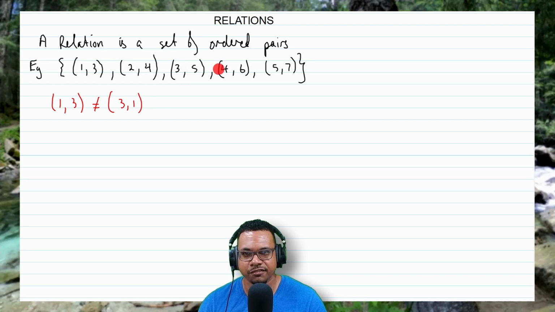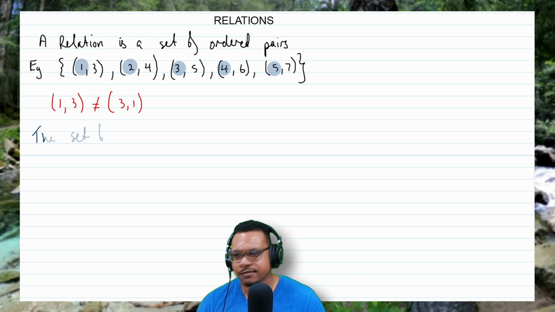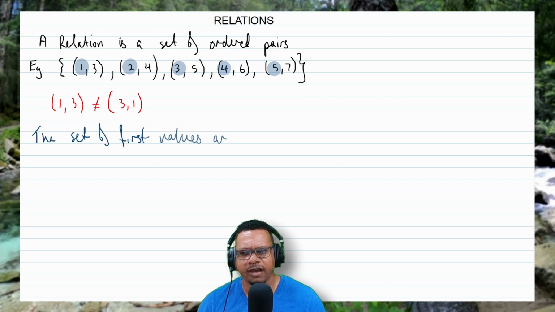Now, within this set of ordered pairs, the set of first values, so that's the 1, the 2, the 3, the 4, and the 5, I'll just shade and highlight. So the 1, the 2, the 3, the 4, and the 5, those will be a set of first values, and those will be members of the domain. So I'm going to write that a set of first values are members of the domain.